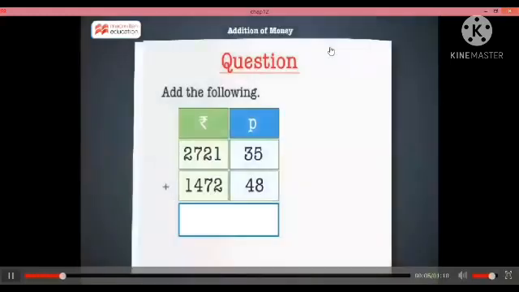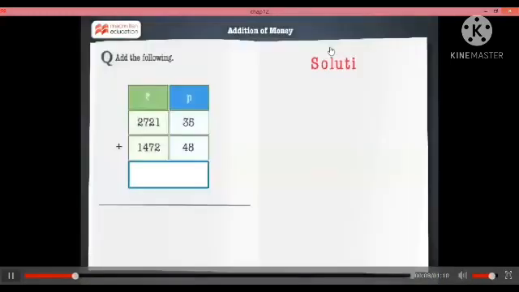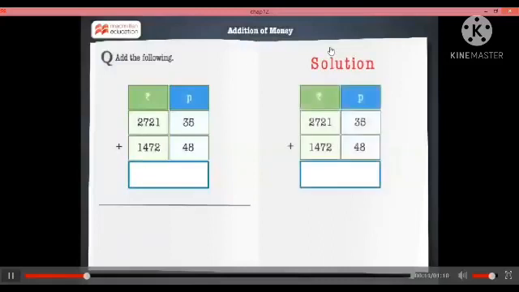Add the following. Let's solve the problem. 2,721 rupees 35 paise plus 1,472 rupees 48 paise. Add the values in the paise column first. 35 plus 48 is equal to 83 paise. Write 83 in the paise column.